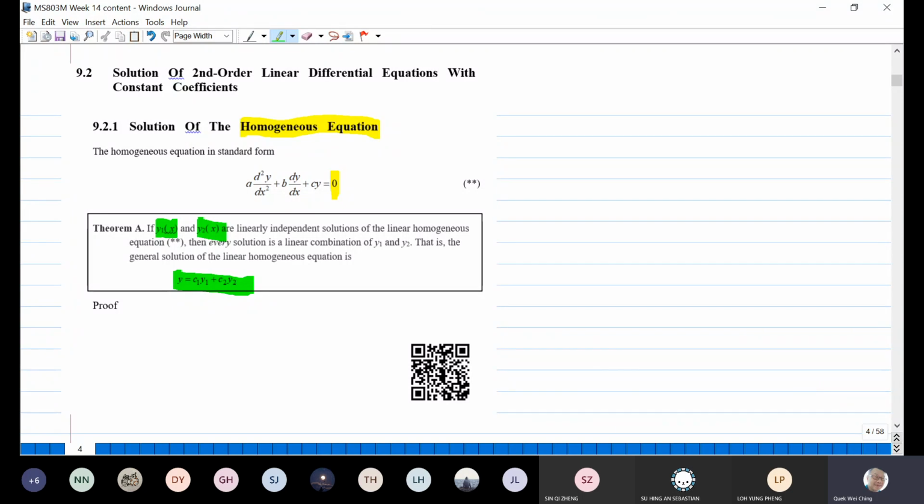So how do you know that this is a solution? If y1 and y2 are already solutions, then any combination of y1 and y2 is also a general solution.